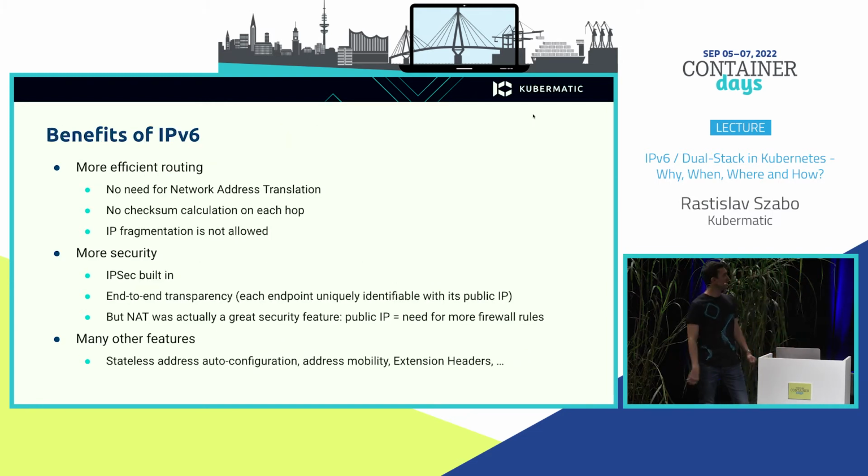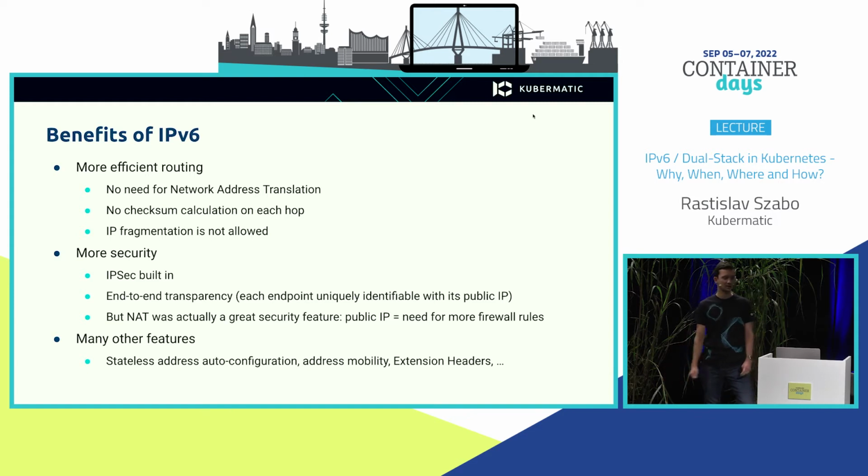Apart from the larger address space, there are some more benefits of IPv6. First, the routing is a bit more efficient, because network address translation is not needed anymore, so that itself gives us a lot of simplification. Then there is also no checksum calculation on each hop.